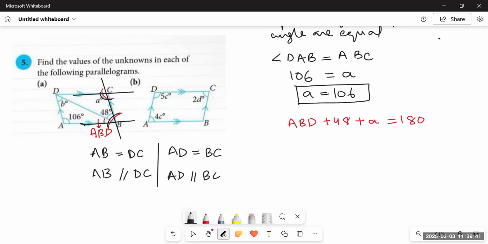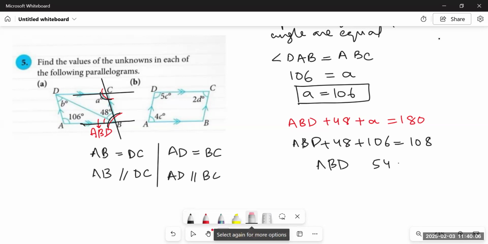So we already know that angle A is equal to 106. We will substitute its value. It would be ABD plus 48 plus 106 is equal to 180. Now we will add 48 with 106. We will get 154. So in the next step, we will subtract it from 180.